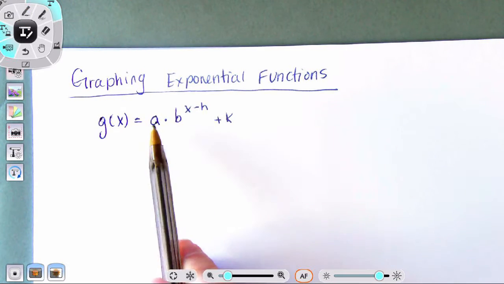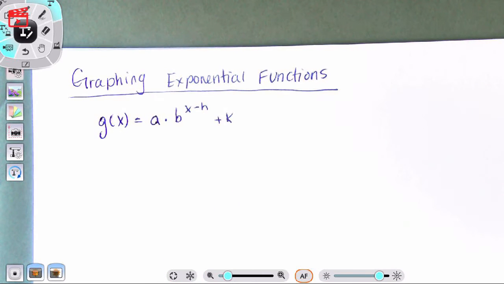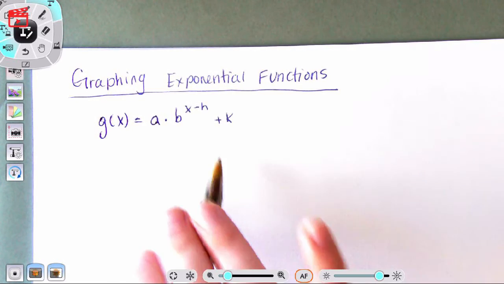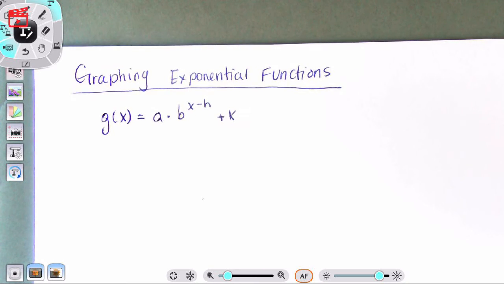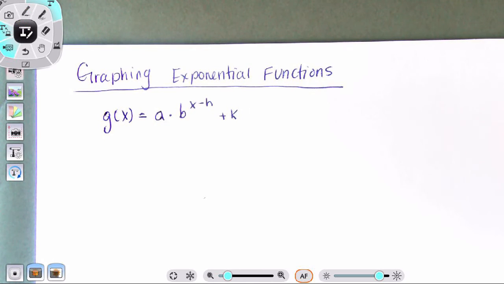I am doing a times; you don't have to put this little dot there for multiplication, you are in IM3. So you should know that if you have a and b together, you would be multiplying, but I'm doing that on purpose so you know exactly what each little chunk, or in my class I call them bubbles, which bubbles they are. Okay, now that you know your general form, we're going to give you reference points.